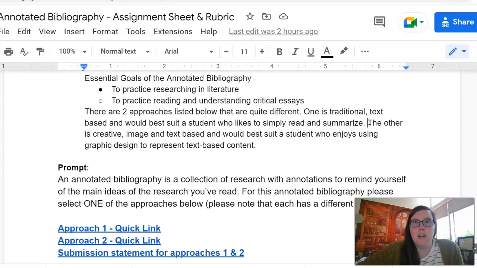Both of them are involved in their own ways. The traditional route requires more reading of more texts. The graphic bibliography route, the creative route, requires, I guess, just a different use of your time as you are reading and processing one scholarly article.